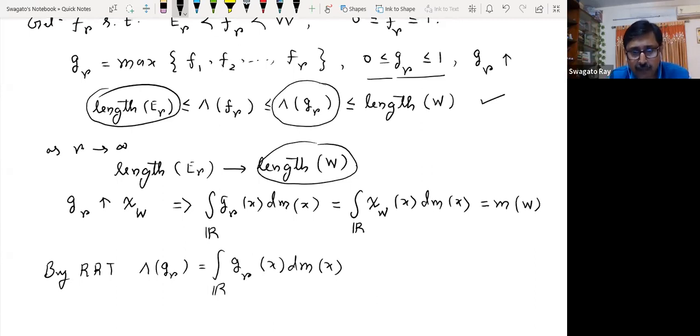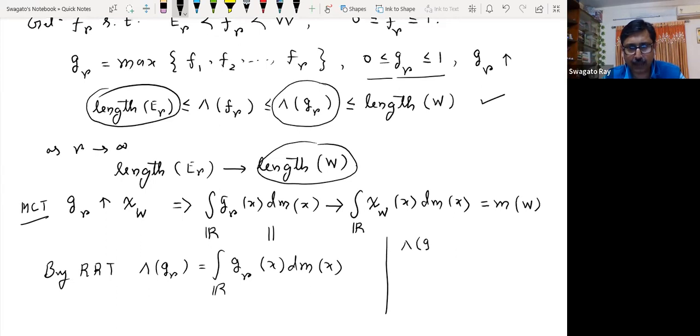But I see from the previous line that this, well, it's not really equal to, it converges by the monotone convergence theorem. So I apply MCT. So I see that lambda GR converges to m(W). So let's quickly write down here. What have I got? I got two things actually.